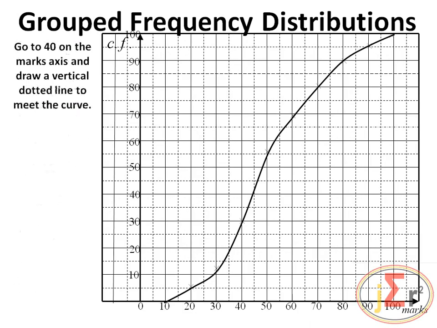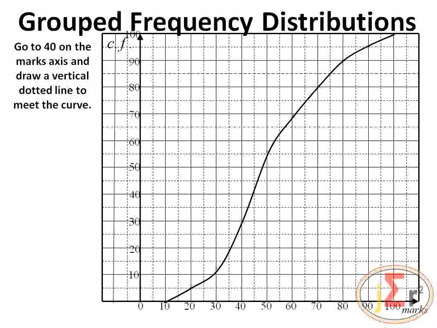So let us do that. Go to 40, we are going to find the probability that a student gets less than 40 marks. But we need to find out how many students get less than 40 marks. So go to 40 on the marks axis and draw a vertical dotted line to meet the curve.